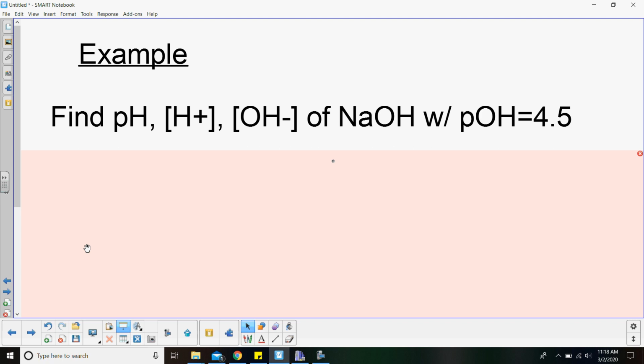So example number 2 says find the pH, the H plus concentration, and the OH minus concentration, with a base, NaOH, having a pOH value of 4.5. So I want you to stop this and think, what would be the first equation you want to use?